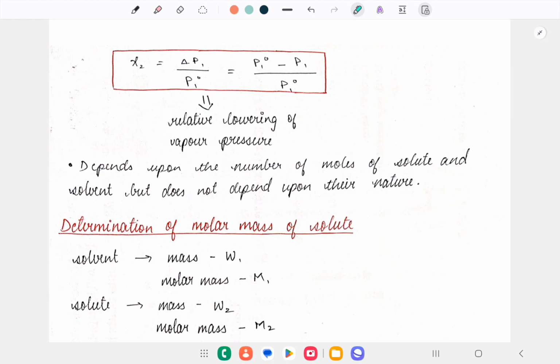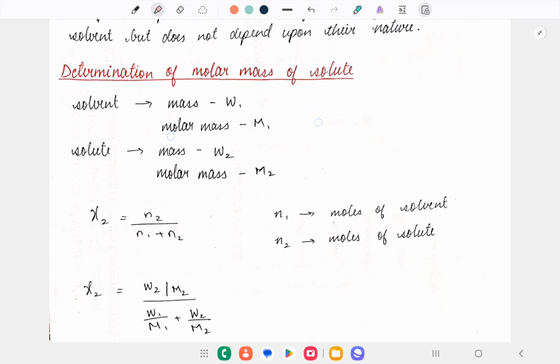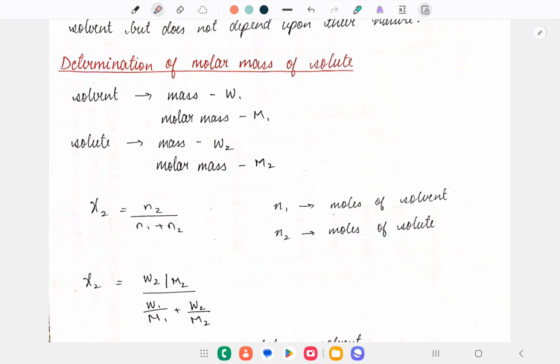A very important point to note is that relative lowering of vapor pressure is a colligative property, while lowering of vapor pressure is not. The word relative makes a very big difference. Now we will understand how to find the molar mass of the solute.